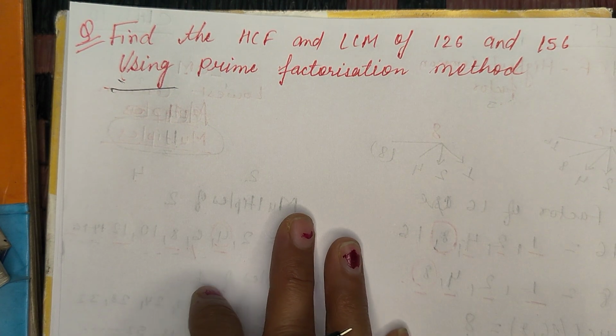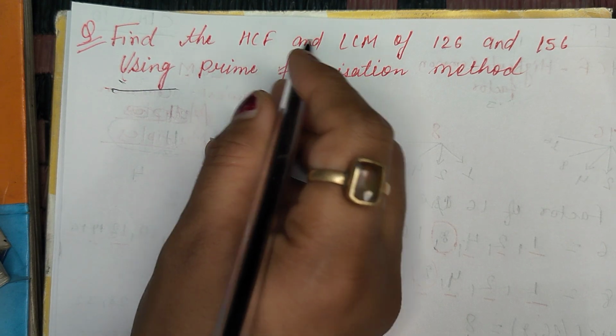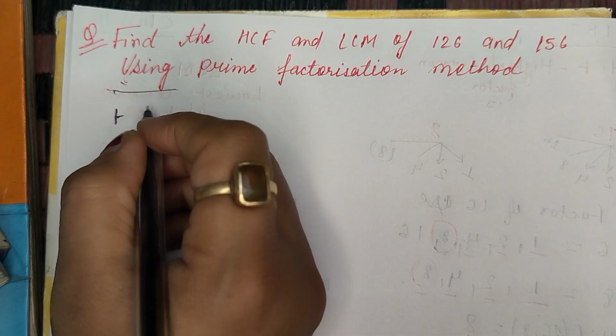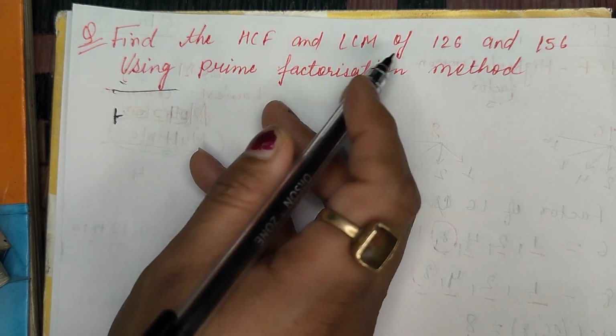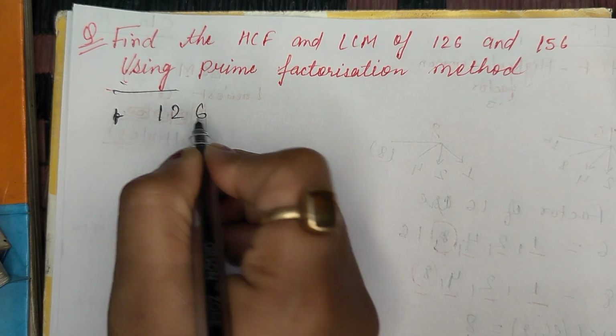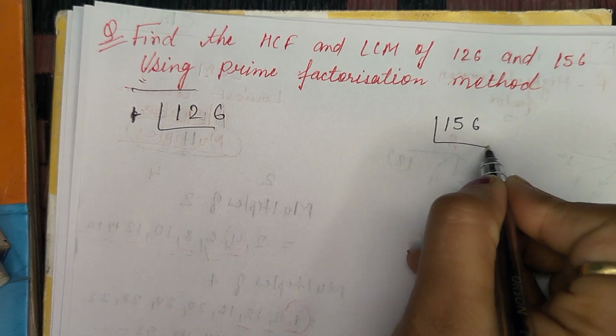First we find the prime factors of both numbers. We have the two numbers 126 and 156.